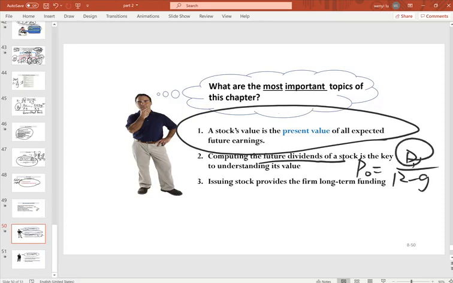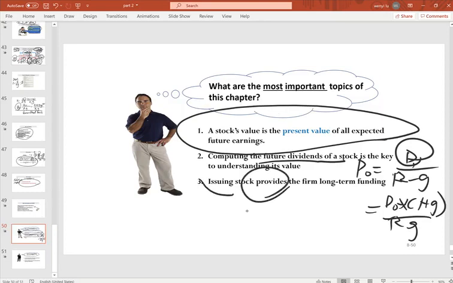D1 must be given, or you can use D0 times 1 plus G. If a dividend is not given, you cannot use this formula. And also, issuing stock can provide long-term funding. For equity funding, it does not mature like a bond, so it is long-term funding.